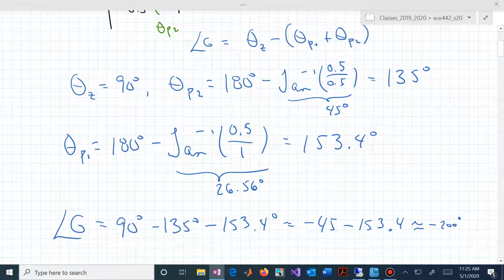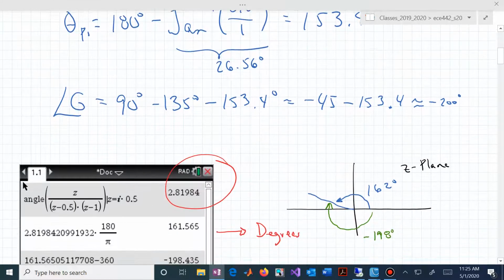We have 90 minus 135, that's minus 45 degrees. We take away from that this theta p1, which is 153. And if you round that up to 155, you see that you're coming in at minus 200 degrees.